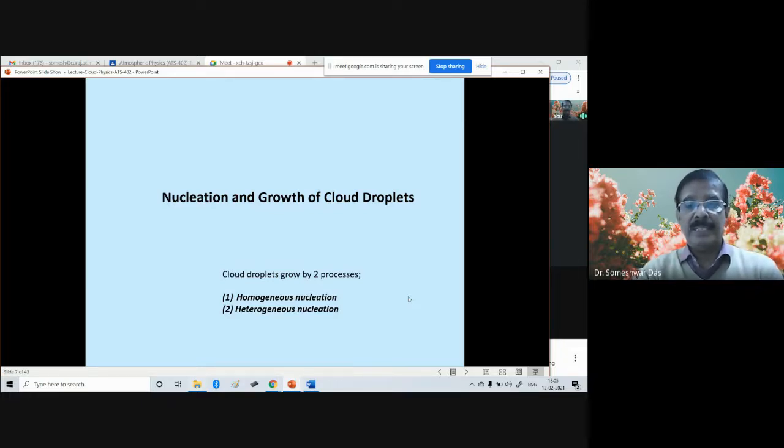Whereas in heterogeneous nucleation, there are foreign particles, by which we mean aerosols, any kind of aerosol, whether salt particles, dust particles, or any other types of pollutants. In that situation, as we said earlier, the droplets can form at even lesser supersaturation, right?